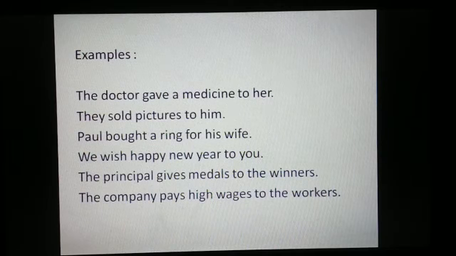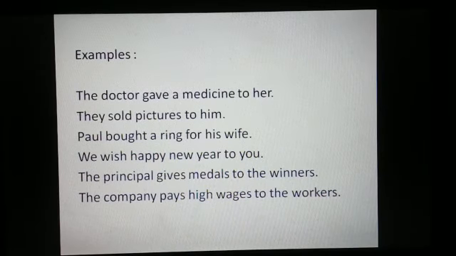A ring. For whom? For his wife. We wish what? Happy New Year. To whom? To you. The principal gives what? Medals. To whom? To the winners. The company pays what? High wages. To whom? To the workers.